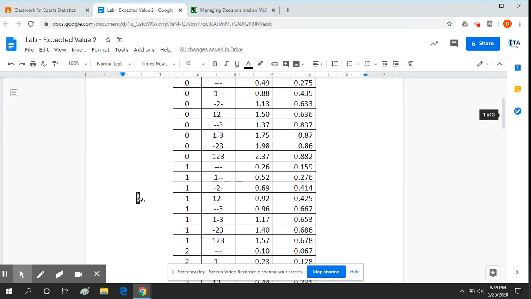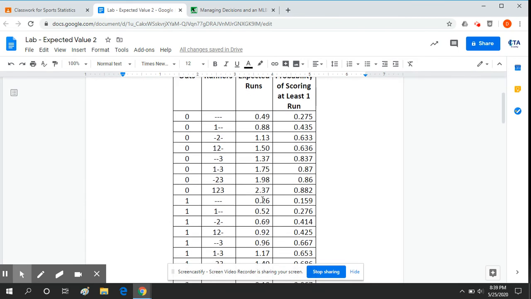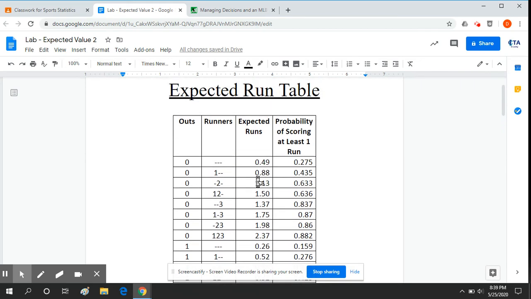I should also note that this expected run table is based on an average team. All right, so we're using just a single table to keep things simple. But if you were an actual team, you would have your own customized table based on the qualities of your team and probably even the qualities of an individual hitter.